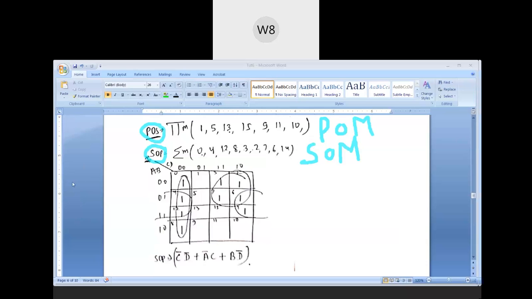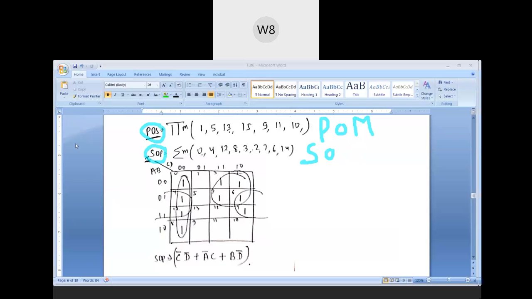So the distinction between these two is that in the product of sum form, there will be, of course, product of certain terms, and the terms will contain sum of variables, but the number of variables could be anything. But in POM form, each of the terms must contain all the variables.